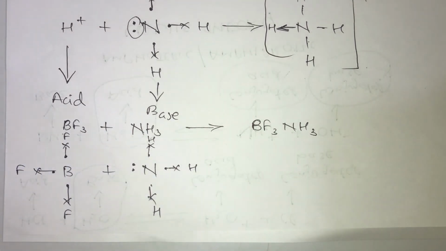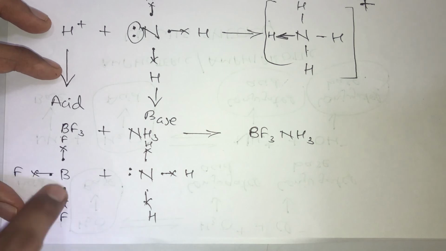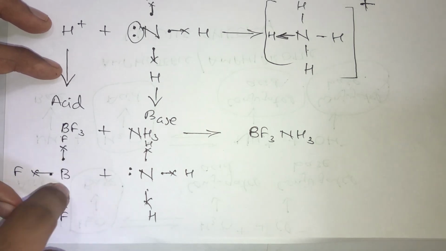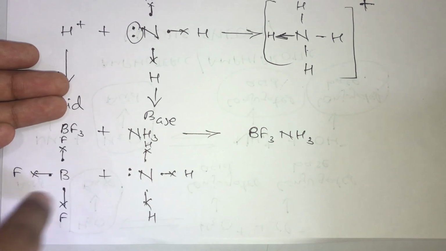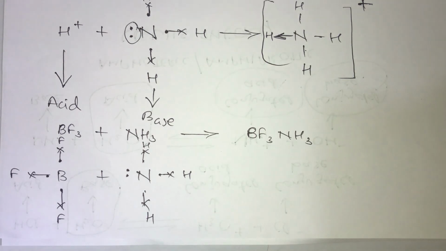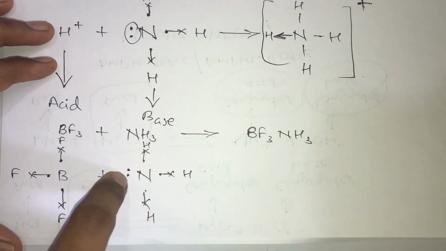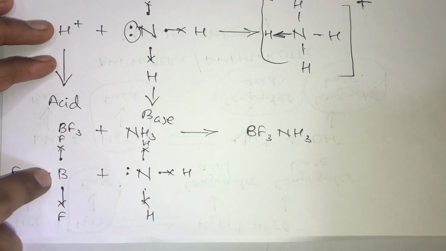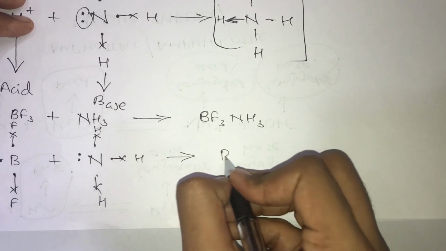So this boron requires 2 electrons to complete its octet, but it cannot contribute any electron to this NH3 because all its 3 electrons are already covalently bonded to F. So what is going to happen over here? This NH3 is going to share its electron pair, and this is how a bond is going to get formed.